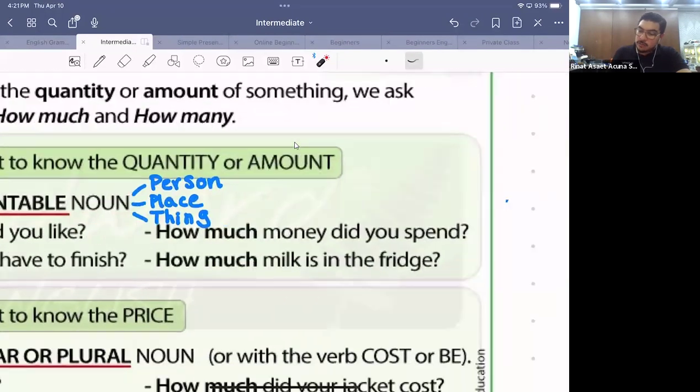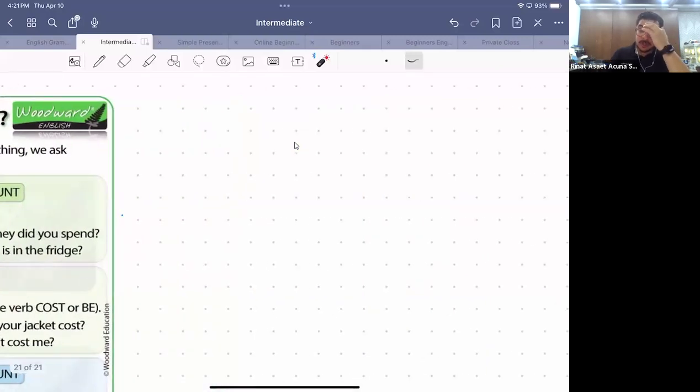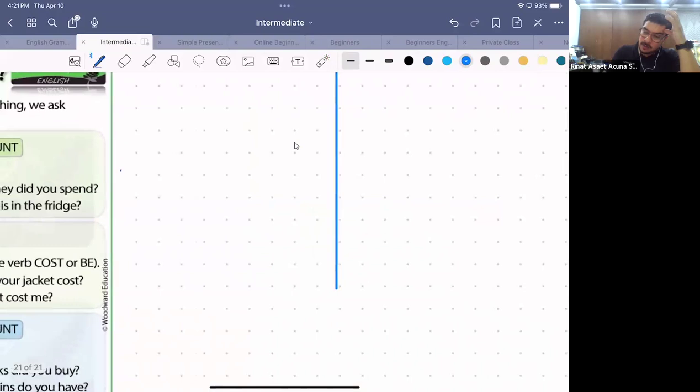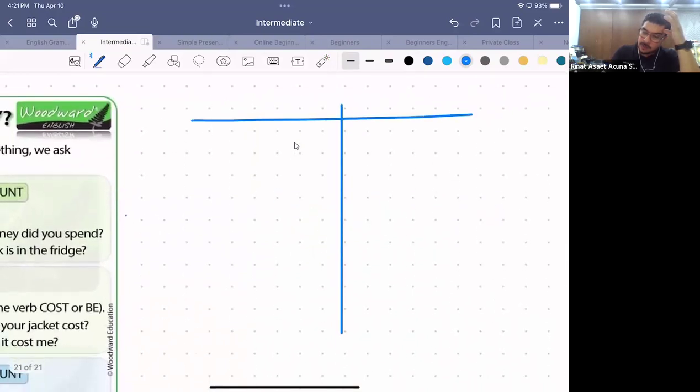Let me explain very fast. There are two types of nouns that we're going to look at today. On one side, we're going to have countable, and on the other, uncountable.